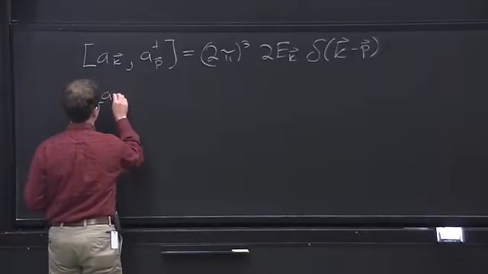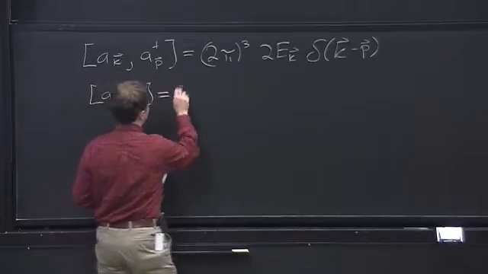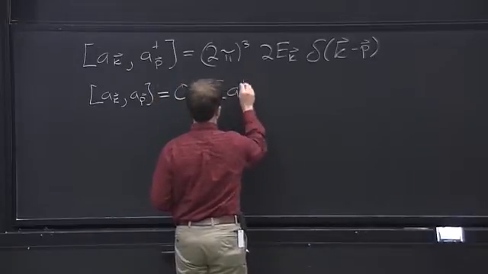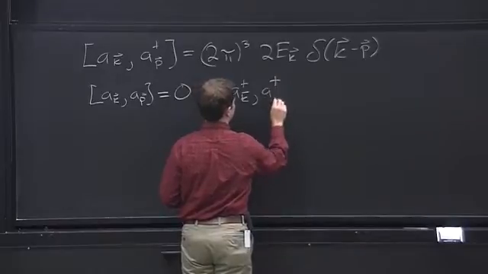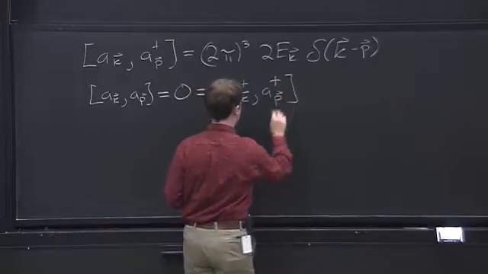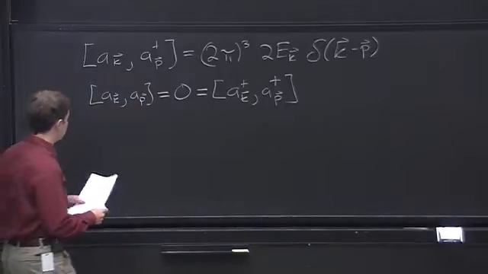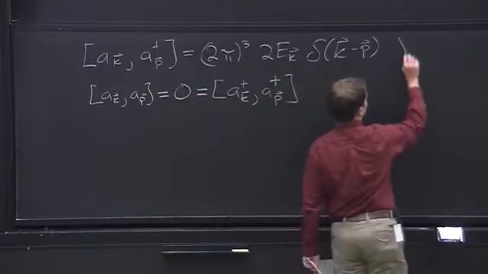So the commutator of a_k with a_p is 0, as is the commutator of a dagger_k with a dagger_p. You'll show this in tutorial tomorrow.